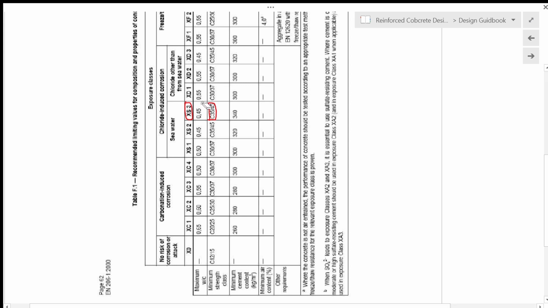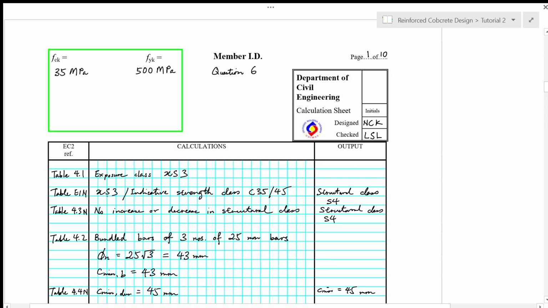And in the design, we have already specified concrete grade of C35. So we are using the minimum strength class. So we have structural class S4 with the minimum strength that we can use for our concrete.